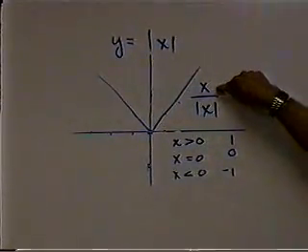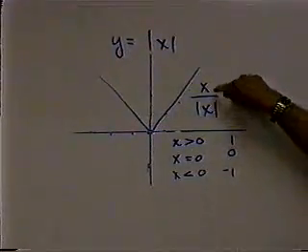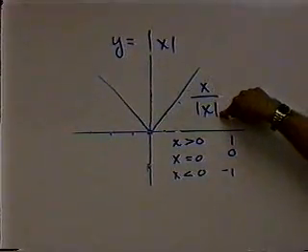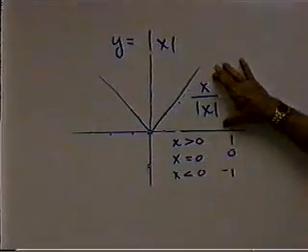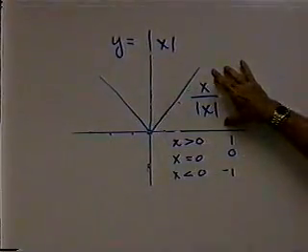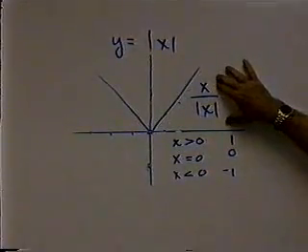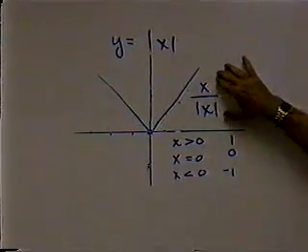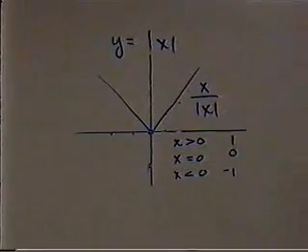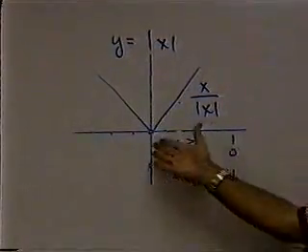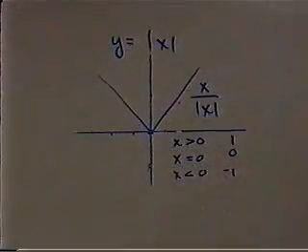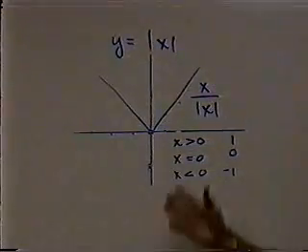A minus 5 over a plus 5 is a minus 1. A minus 7 over a plus 7 is a minus 1. So that describes plus 1 when x is positive and minus 1 when x is negative. So this describes the derivative of that, by knowing the graph of the slope, and we don't have to do all that algebra.